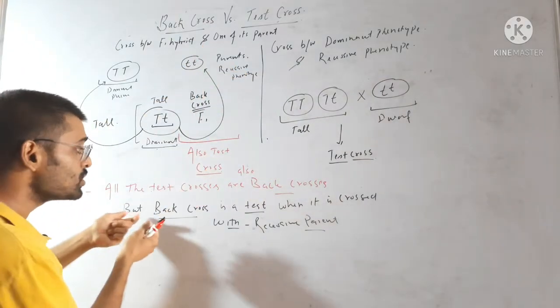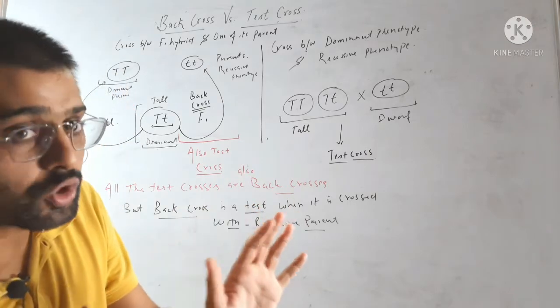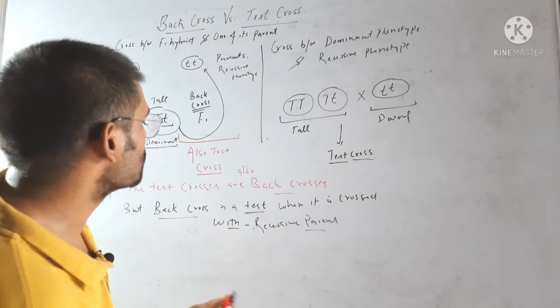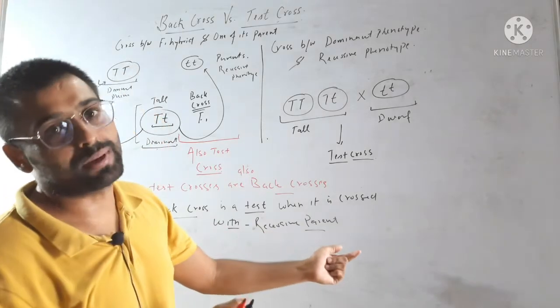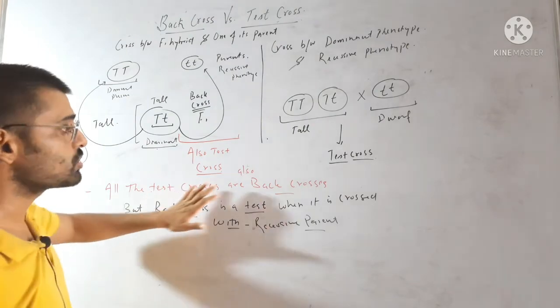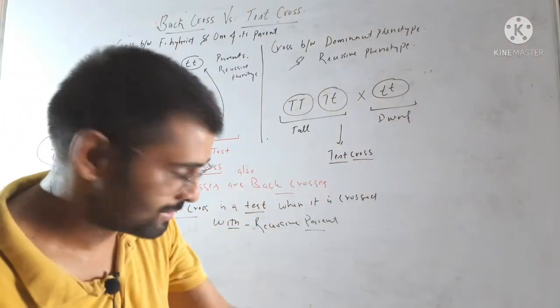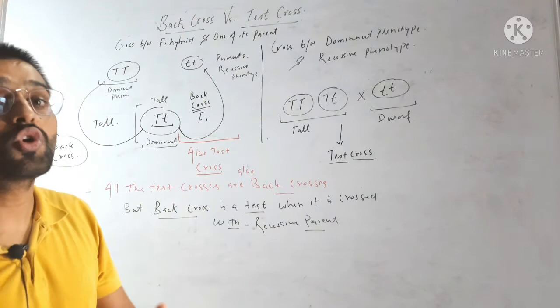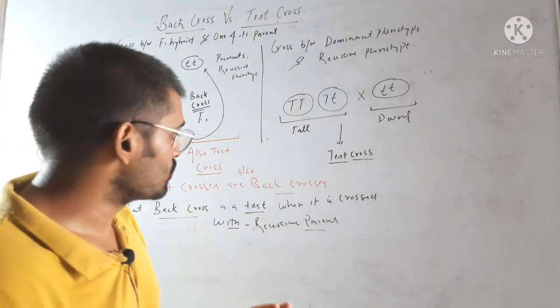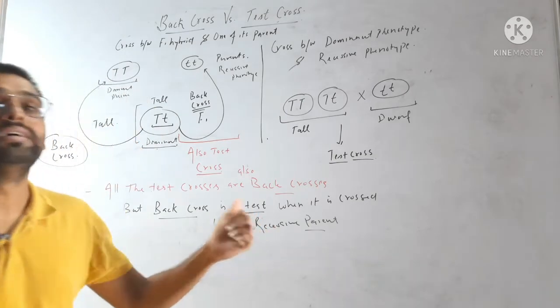So all the backcrosses are not test crosses. A backcross can be called a test cross when we cross it with the recessive parent. So we can say that all the test crosses are backcrosses, but all the backcrosses are not test crosses.